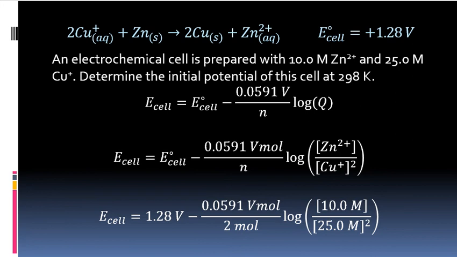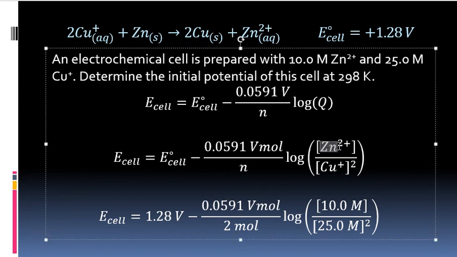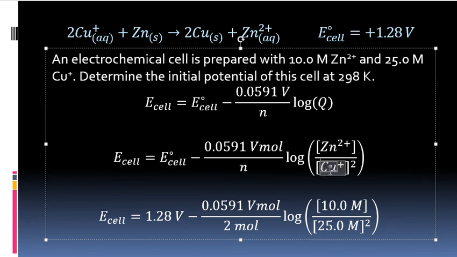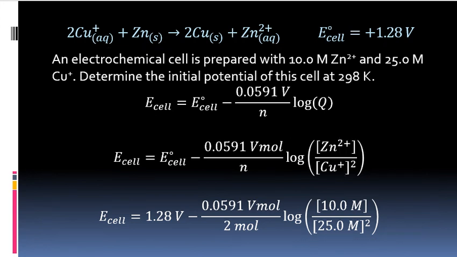Well, that means that for our Q, since the reaction quotient never includes anything that's in the solid state, just things that are in a different state other than liquid water, the only things we need to consider for our reaction quotient are the aqueous concentration of zinc 2 plus ion and the aqueous concentration of copper 1 plus ion, which, according to the problem, zinc 2 plus is 10 molarity, and copper 1 plus has a molarity of 25.